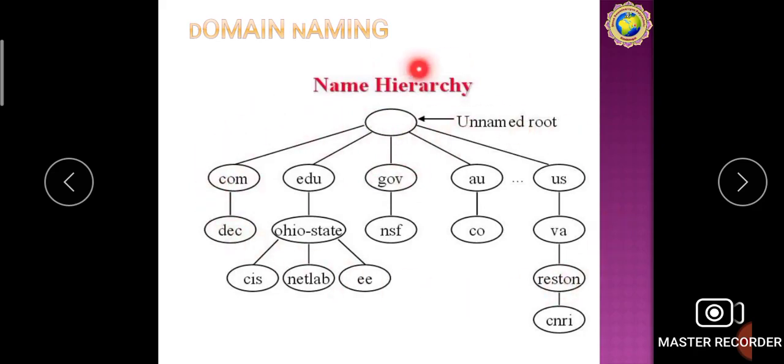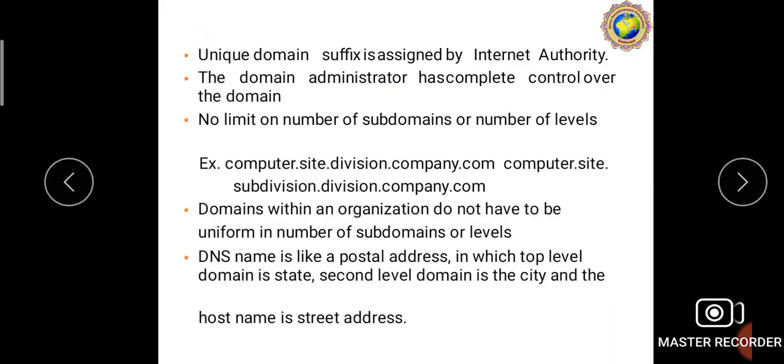So this one is also about the domain name tree. Next, a unique domain suffix is assigned by the Internet Authority. The domain administrator has complete control over the domain, with no limit on the number of subdomains or the number of levels.